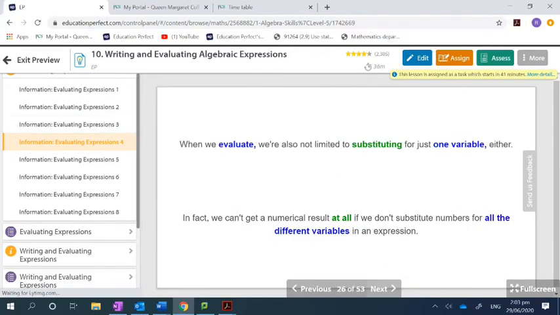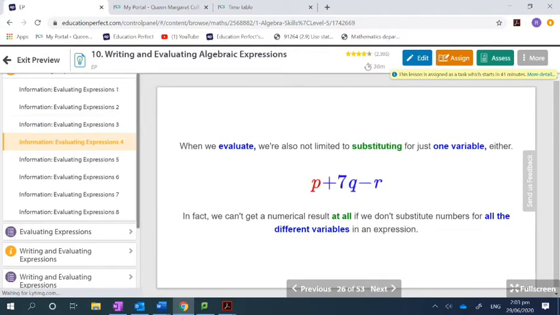When you evaluate, you're not limited to substituting in one variable. In this case, we have p's, a q and an r. So in order to substitute and evaluate this one, I need a value for p, a value for q, and a value for r. You can't evaluate unless you have a value for every single variable in the expression. Okay?